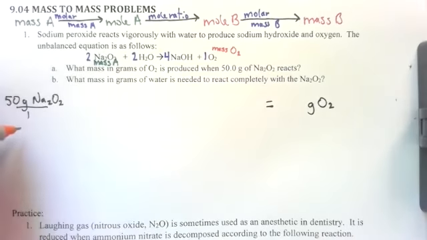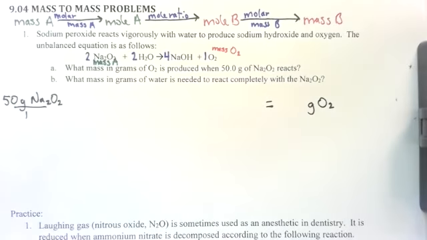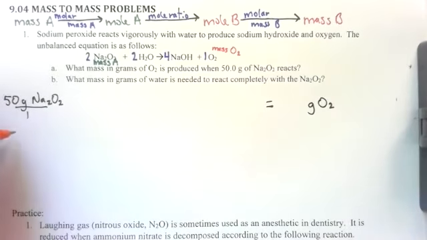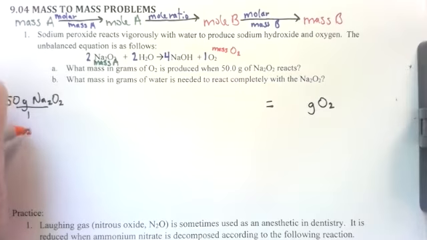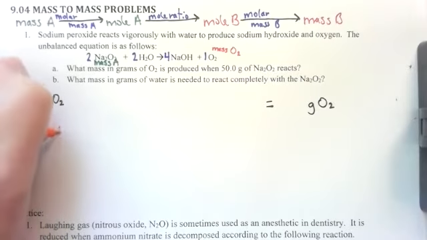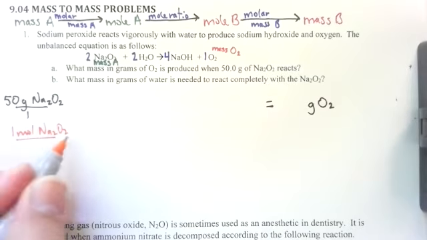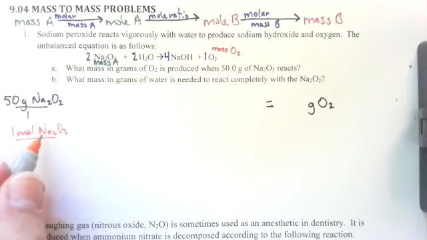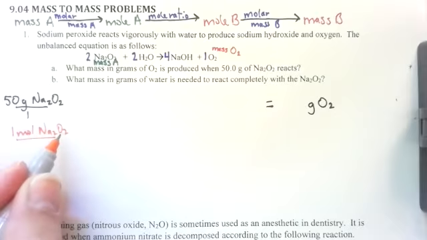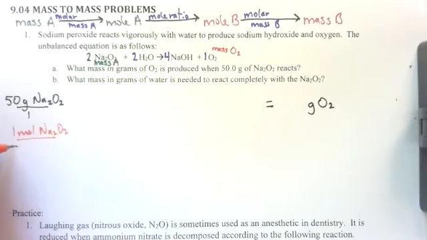So I have the molar mass of sodium peroxide, 1 mole of Na2O2. And remember, molar mass is the sum of all of the elements. So sodium is 23 and oxygen is 16. So this is going to be 23 plus 23 plus 16 plus 16, which is 78.